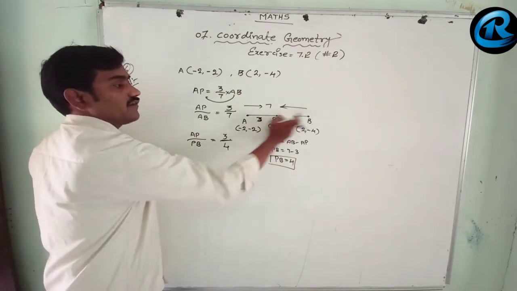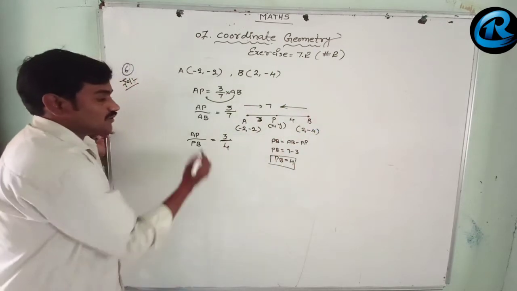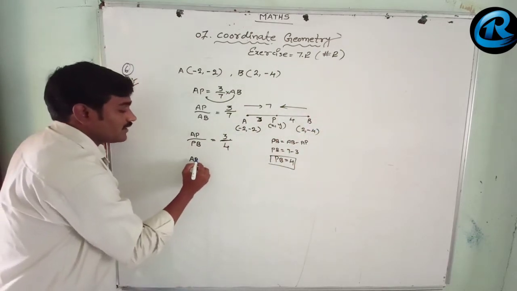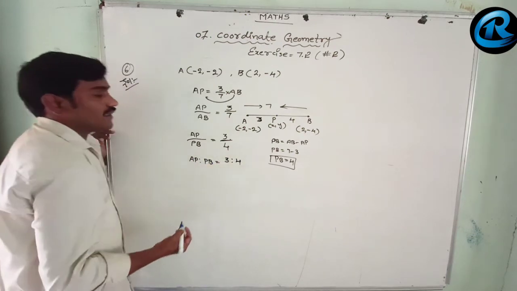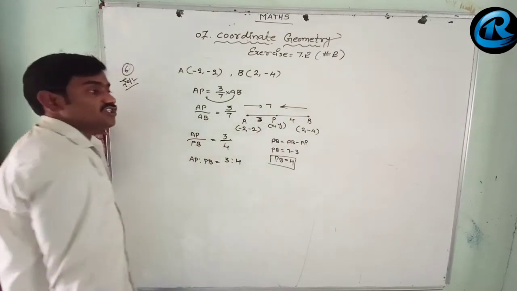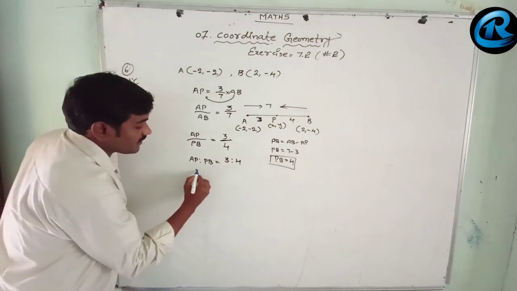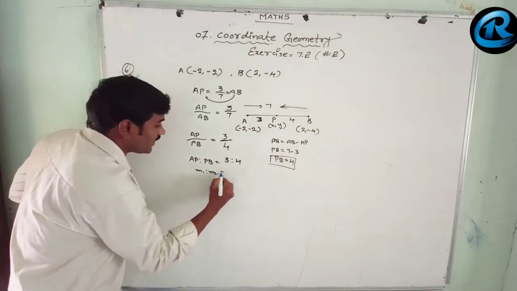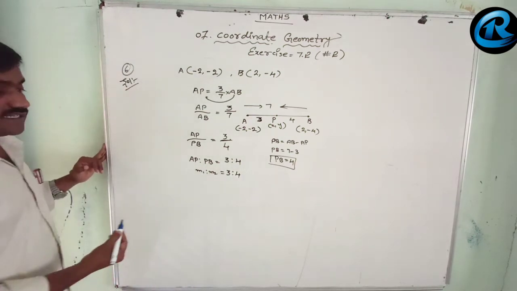If you subtract AP from the total length, we will get PB, that is 4. So now we got it: AP is to PB equals 3 is to 4. That means this P divides this AB line segment in the ratio 3 is to 4. That means m1 is to m2 equals 3 is to 4.